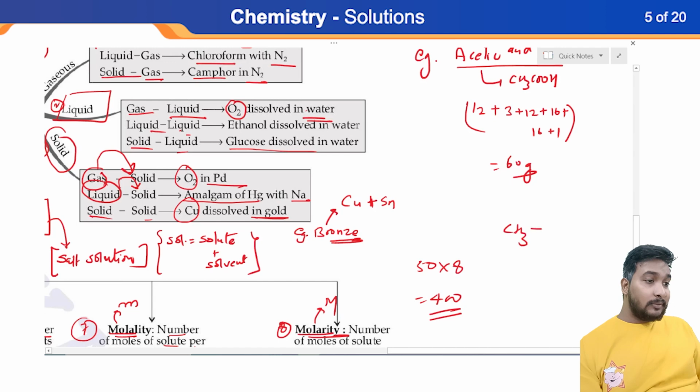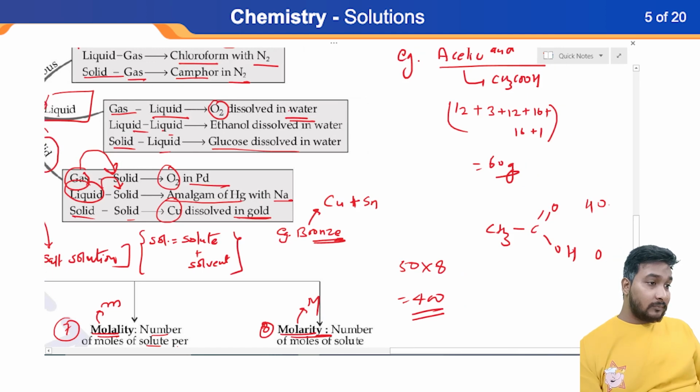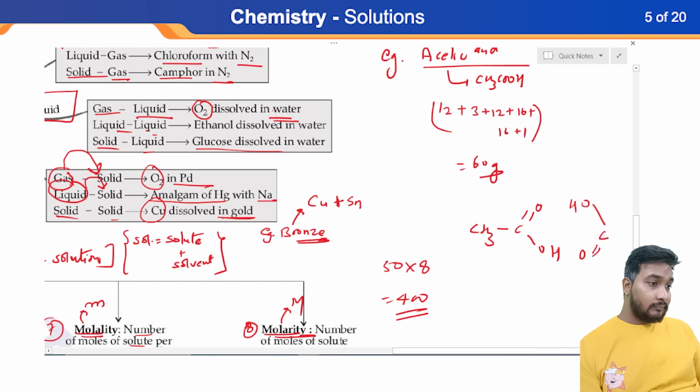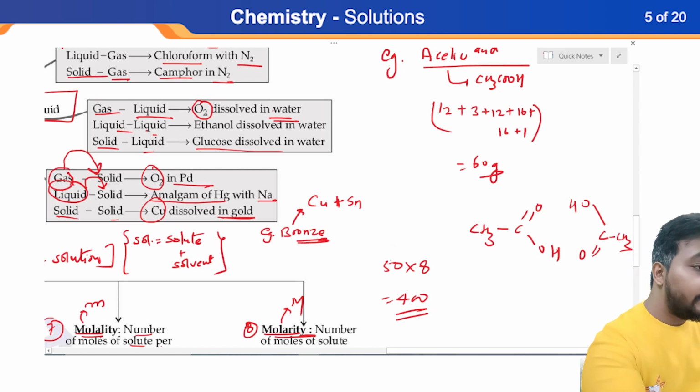The structure of COOH is something like this. Again, I am making another molecule of acetic acid, something like this.